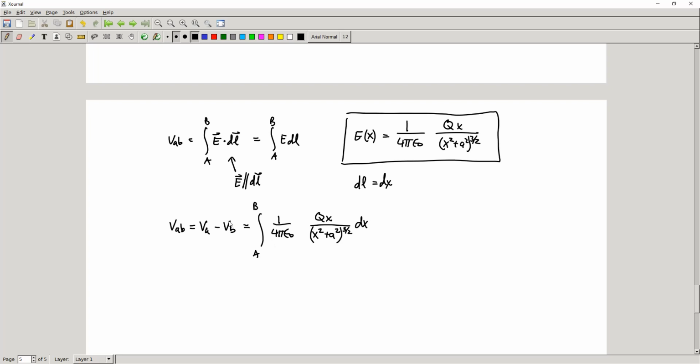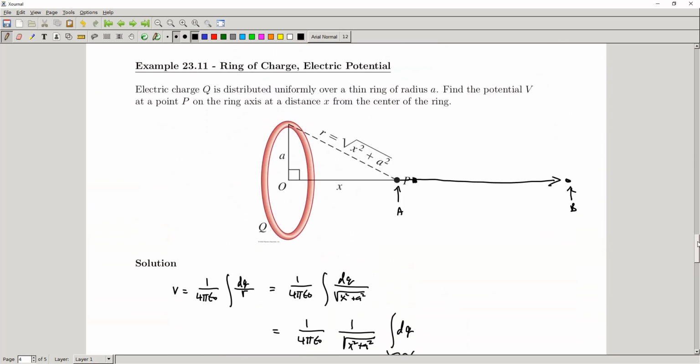We want to pick a zero potential because we want to be able to get rid of this V_B so we can talk about the potential at only that one point. So let's say we set our zero potential, and because we're dealing with a finite ring here, a ring that's not infinite in size, we're going to be safe if we set our zero potential out at infinity.